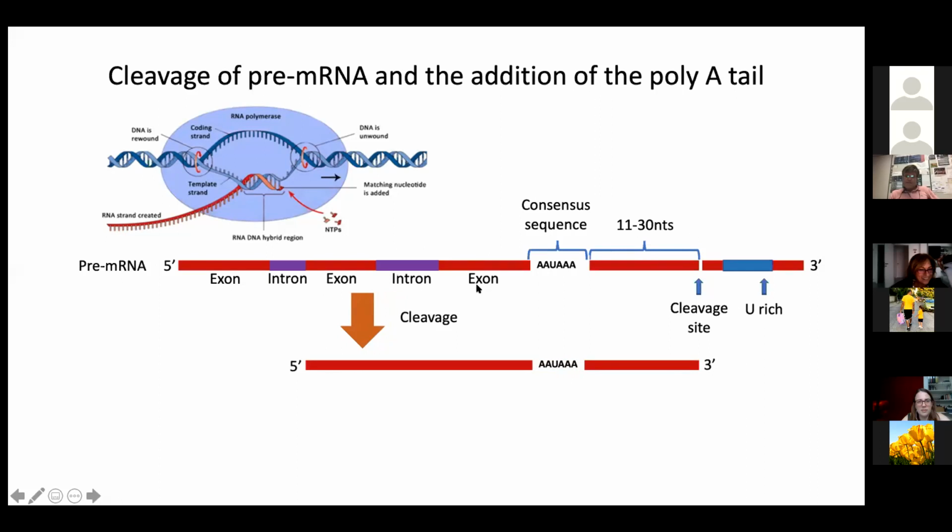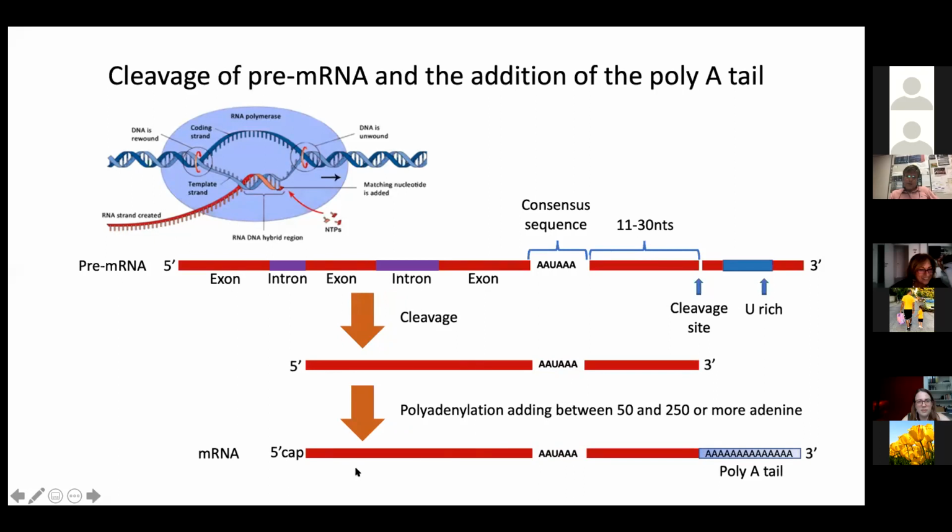After this cleavage and the splicing of the exons, we will have the final product where we have the 5' cap of the mRNA and the poly A tail. So that's the first story, just to remind you how this works with messenger RNA.